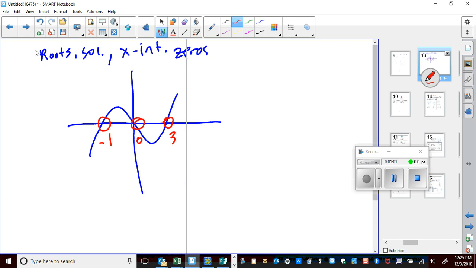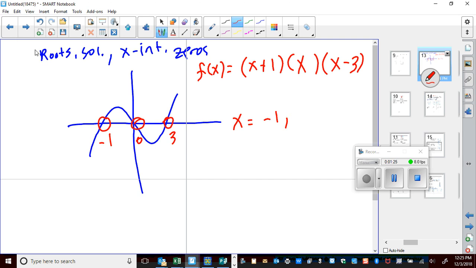So if these were the roots, these particular numbers, we would say this is an equation, f of x equals x plus 1, it's opposite. This is the factored form, x times x minus 3. So to respect our zeros, we have x equals -1, 0, and 3.